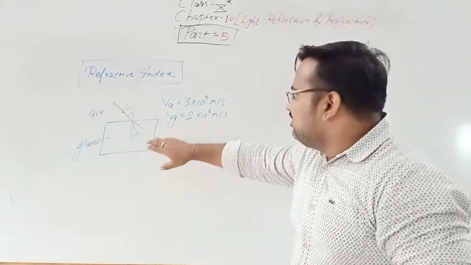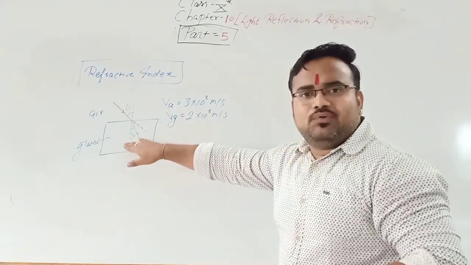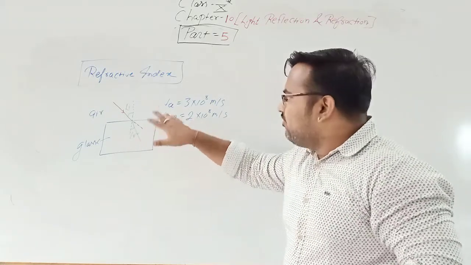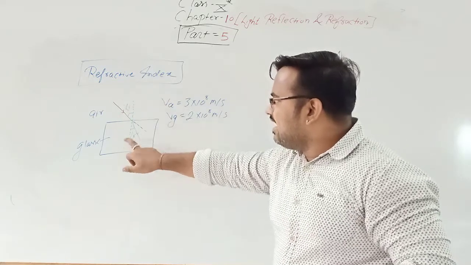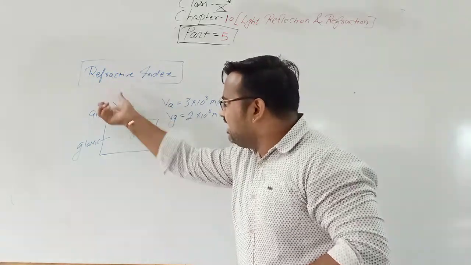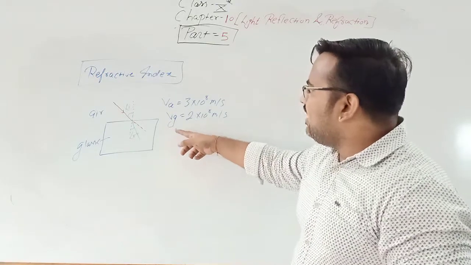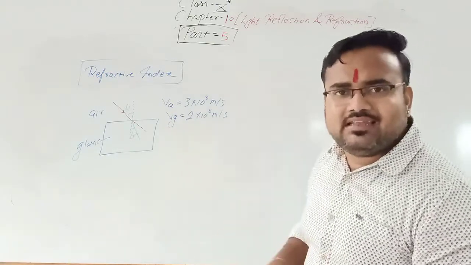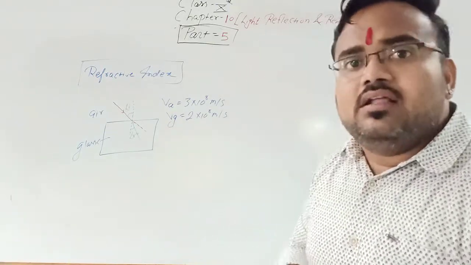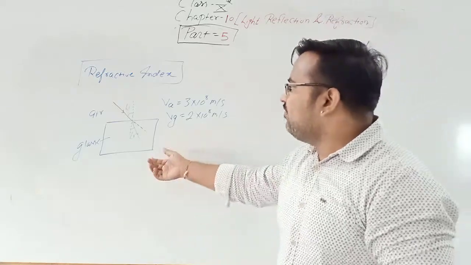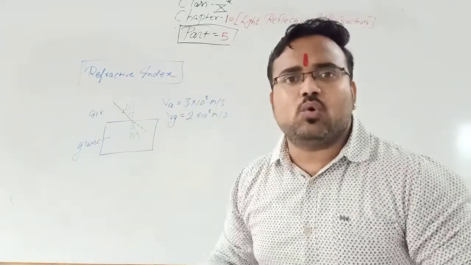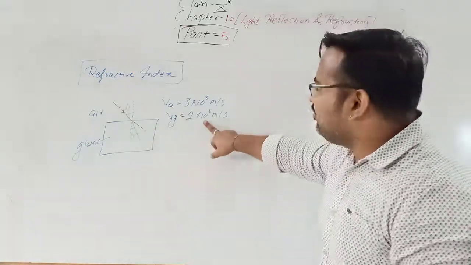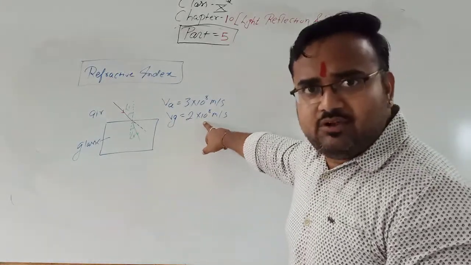But when the light enters from air into glass, suppose the velocity of light in glass is 2 into 10 raised to 8 meter per second. Then my question is, if we take another quality of glass, will this velocity remain the same?